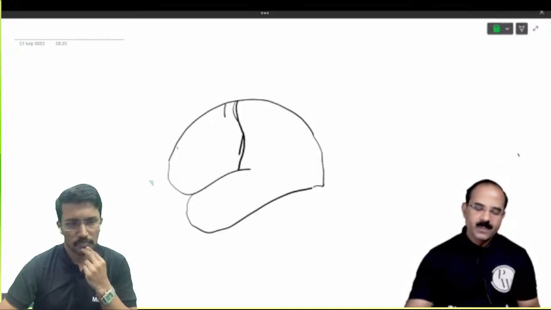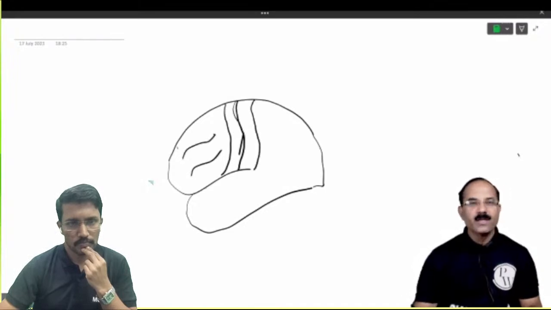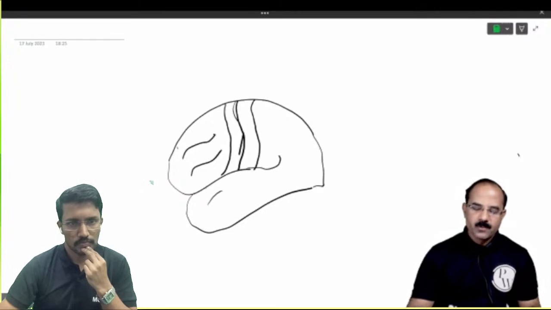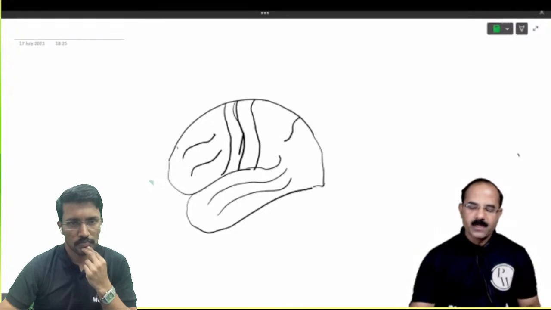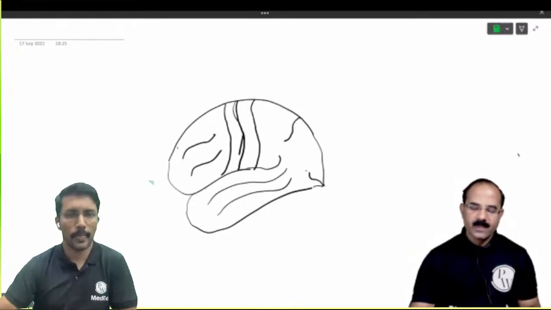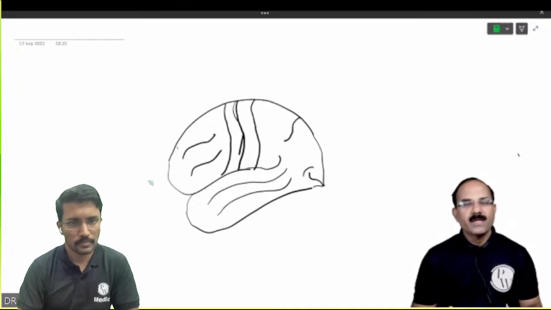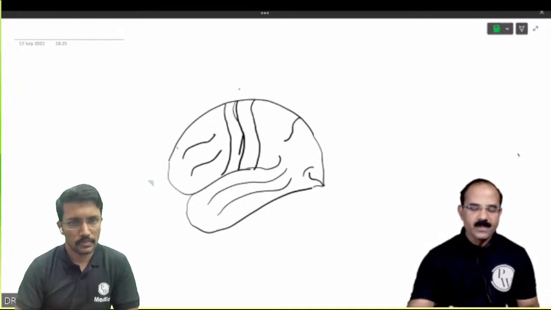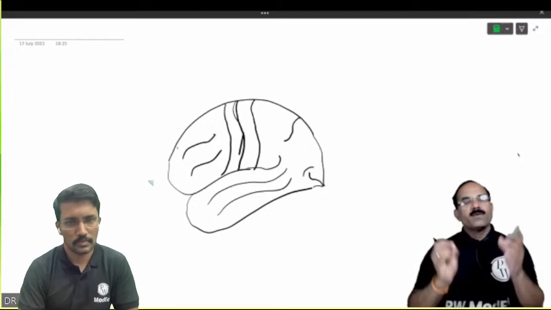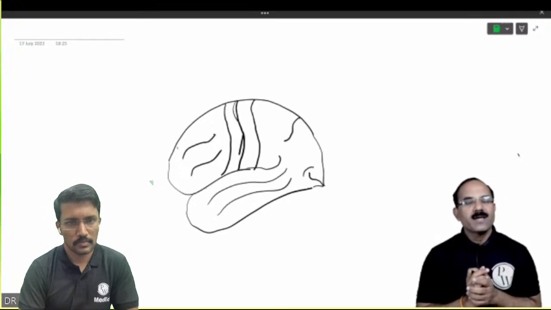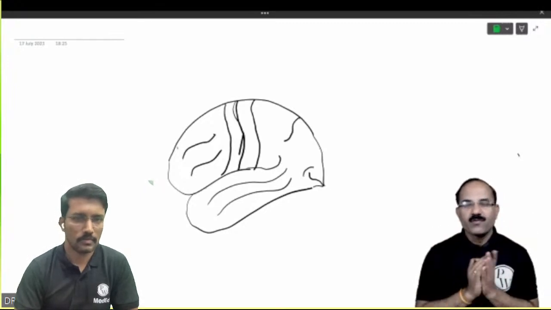Then the precentral and postcentral sulci, the superior and inferior frontal sulci, the superior and inferior temporal sulci, the parieto-occipital sulcus, the calcarine sulcus, and this is the lunate sulcus.